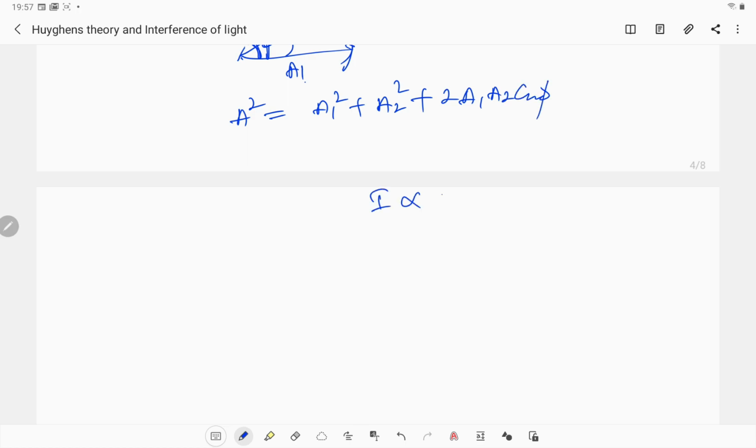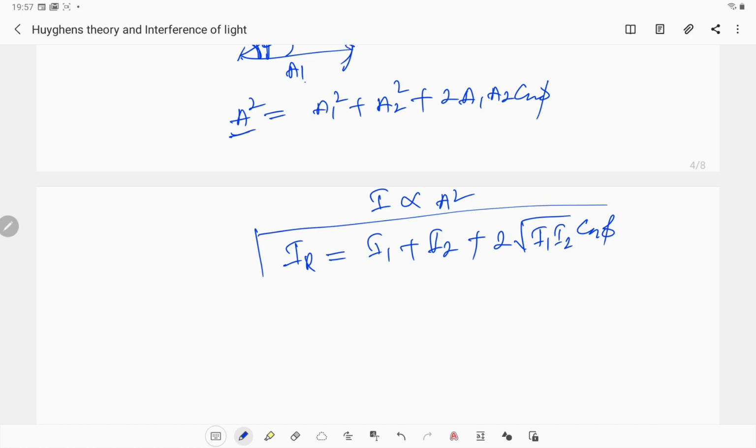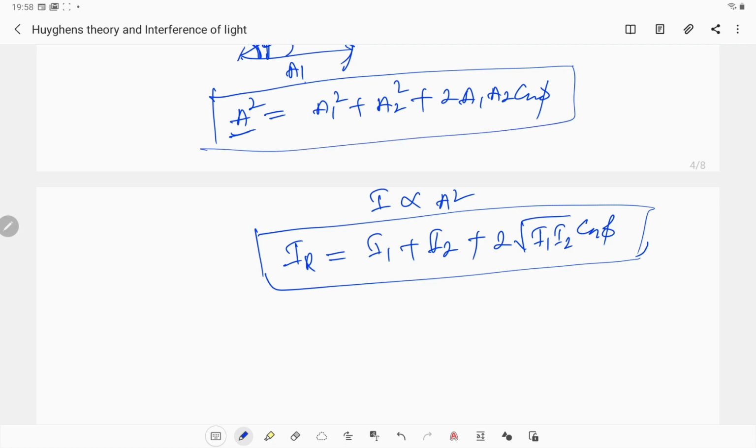Here intensity is directly proportional to the square of the amplitude. Based on this, the resultant intensity I_R is nothing but I1 plus I2 plus 2 root(I1 I2) cos φ. So very important. This is for resultant amplitude and this is for resultant intensity.